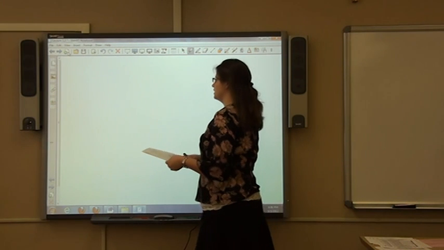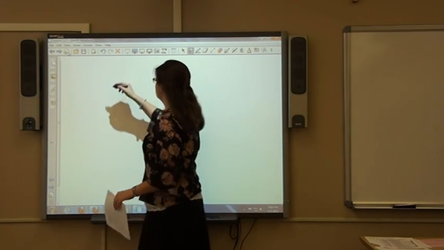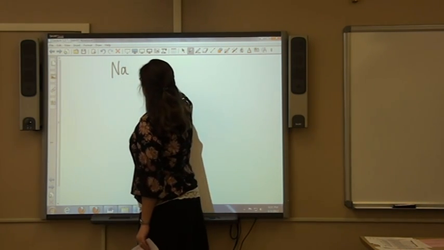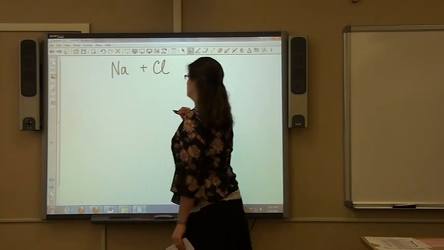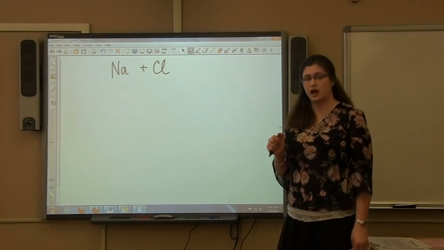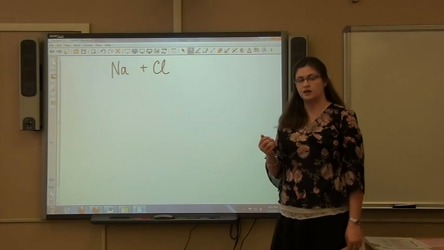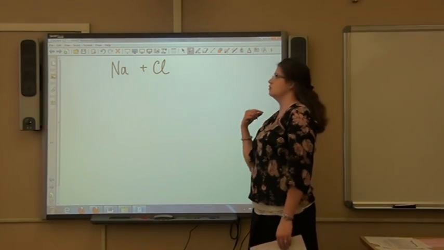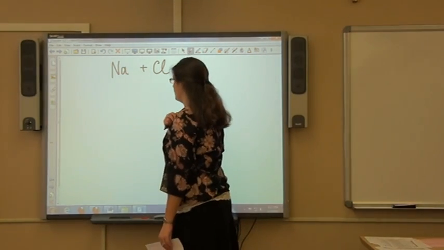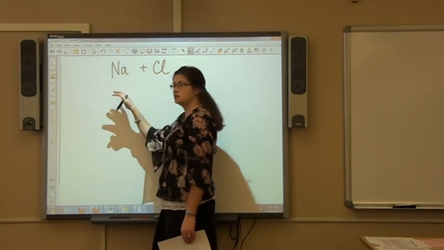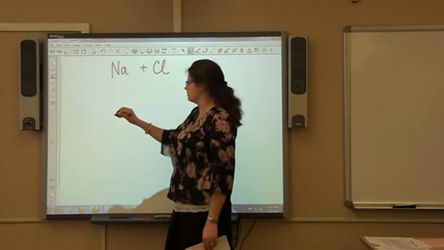So let's just take a look at how we can form some of these compounds. If we take sodium and chlorine together, how can we make a compound out of these 2 elements? Well, in an ionic compound, we're going to write down the standard charge for each one of these elements.